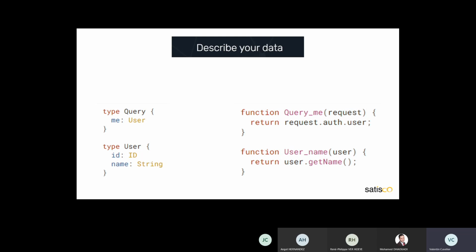And after we can define a function for each type and field of this type. So on the right side, we define a function query me on the request, and it returns the user. And we also have the function username. It returns the name of the user.